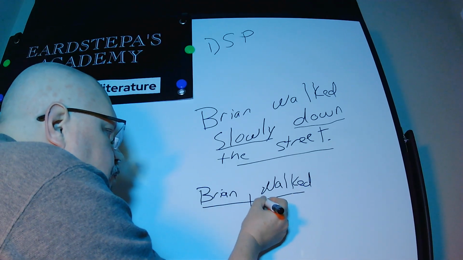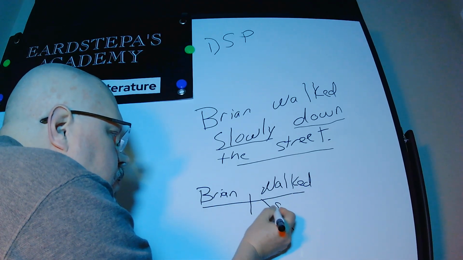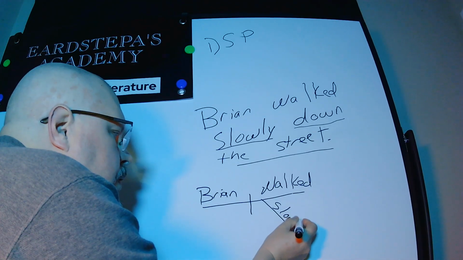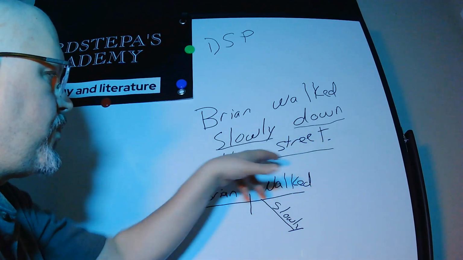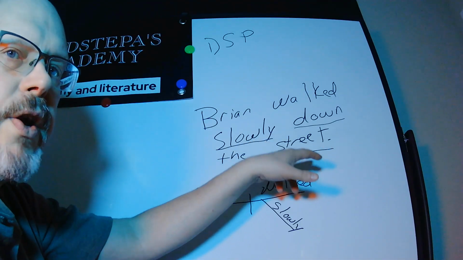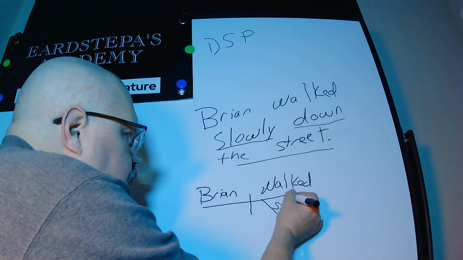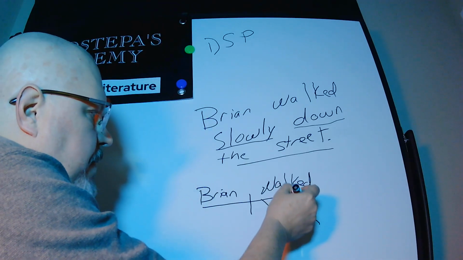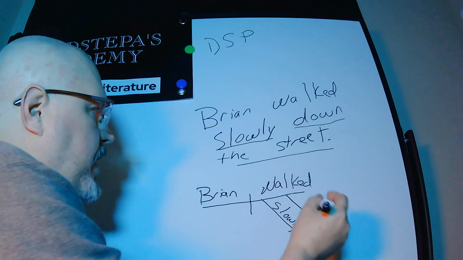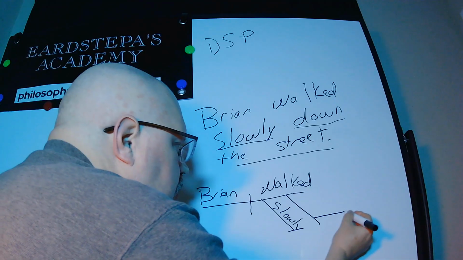Slowly describes how he walked, and so you're going to put slowly under there. Down the street tells you where he walked, and so it also modifies walked. So remember, with a prepositional phrase, you always have your preposition and your object of the preposition.